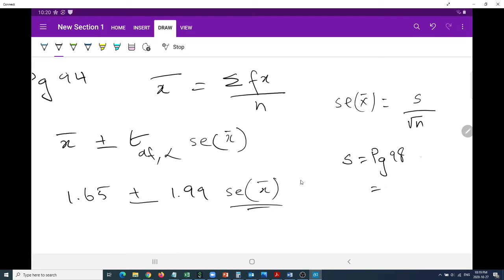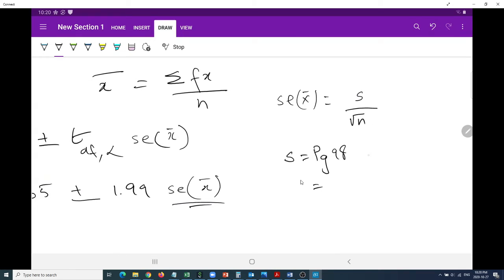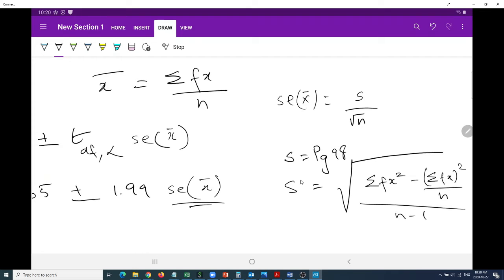The formula is actually on page 97, but there's a mistake in it, so I'm referring to the formula on page 98. So s is going to be the square root of sigma fx squared minus sigma fx the whole square divided by n, and the whole divided by n minus 1.